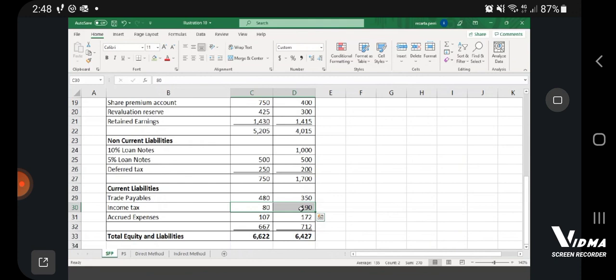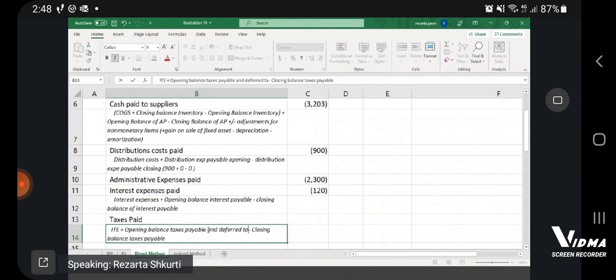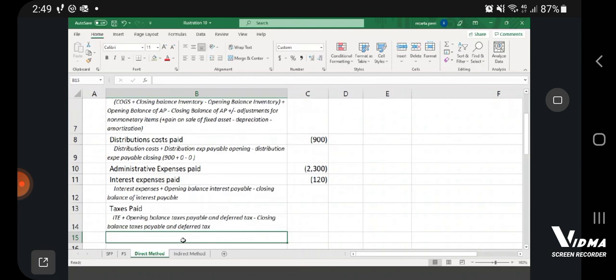Okay, so we need to take both into consideration. Let's take opening balance taxes payable. I'm also adding in the formula deferred tax, less closing balance of taxes payable and deferred tax. I'm including in the formula the proper specific name so you will not be mistaken.